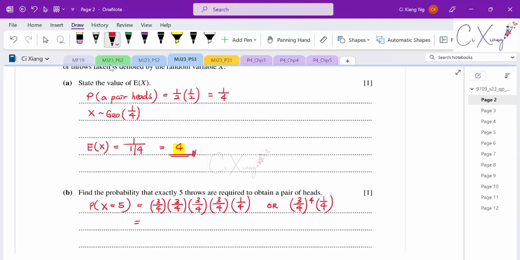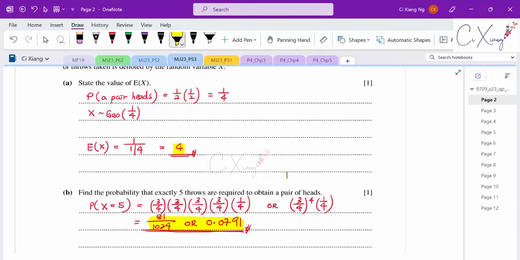If you simplify this answer, it will be 81/1024 in fraction form, or in 3 significant figures it should be 0.0791. So this is what we have for part B, question number 1.